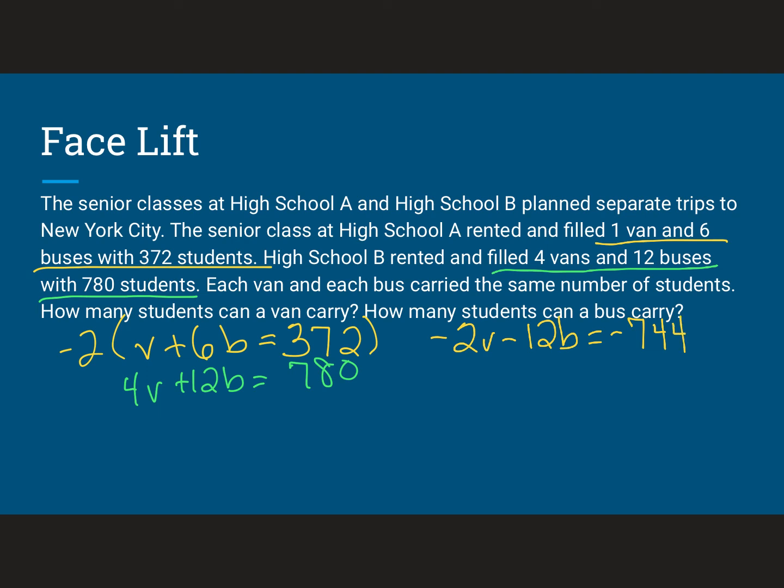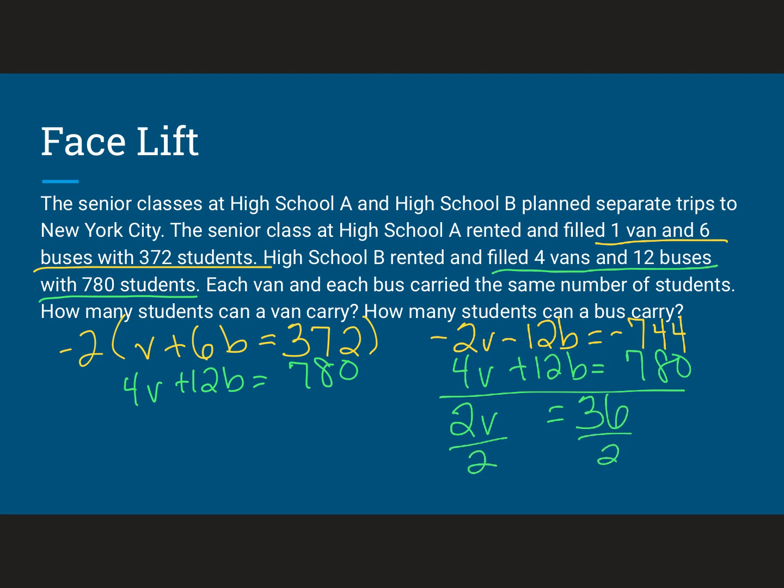And then I'm going to bring over my 4V plus 12B equals 780. When I add these, I get 2V, my B's cancel, equals 36. I divide both sides by 2. I get V equals 18. That means a van holds 18.